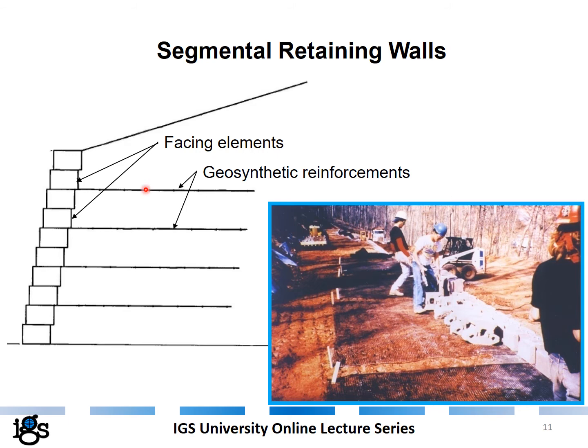One, obviously, the geosynthetic reinforcement and the earth fill in between, and the facing elements. More commonly, dry cast concrete blocks are used as facing elements, as you can see also in this picture, and you see the geosynthetic reinforcement and the earth fill.